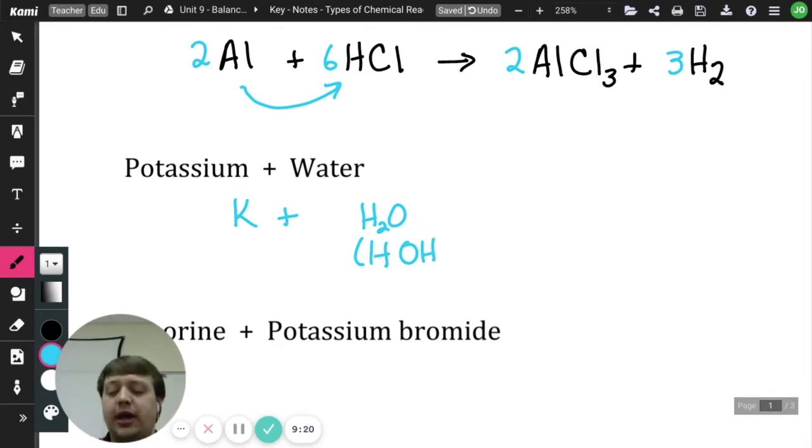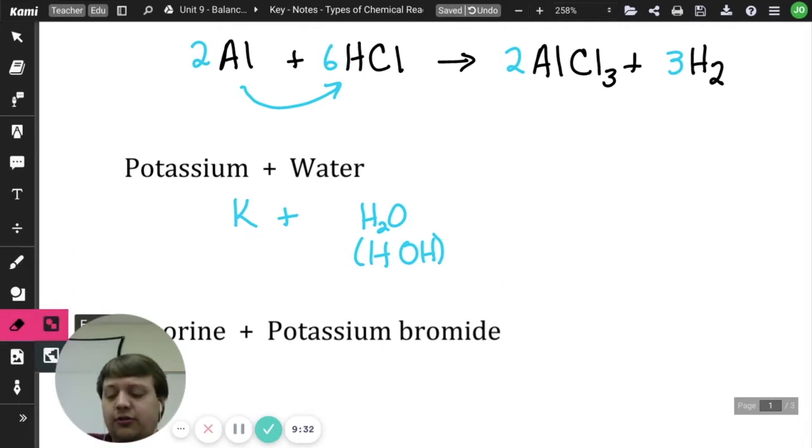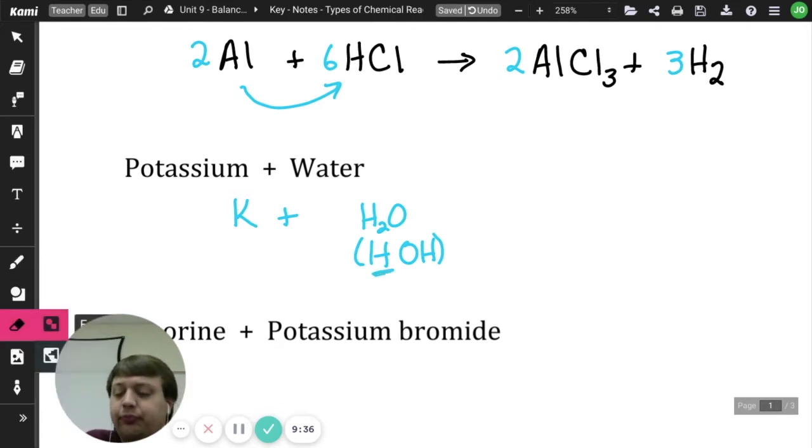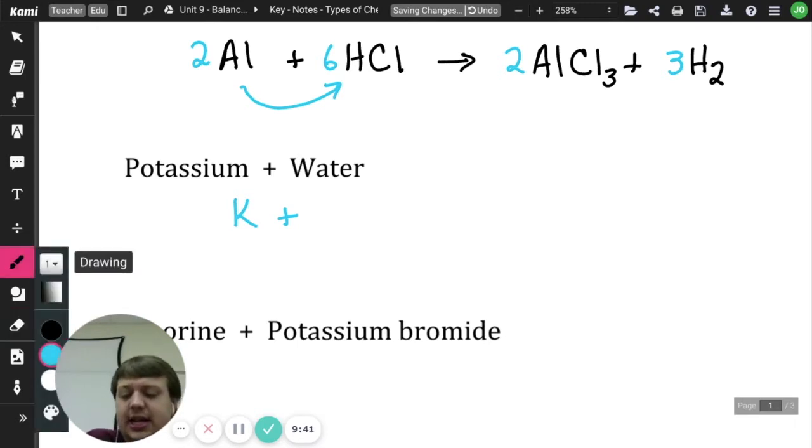Now, why do I want to do that? Well, if I don't, then I'm going to assume that potassium is trying to replace both of those hydrogens, but it's not. Potassium is just trying to replace this first hydrogen, which is right here. Okay? So I'm going to go ahead and erase that. I'm going to put HOH up here just as a general reminder of what you should be doing.